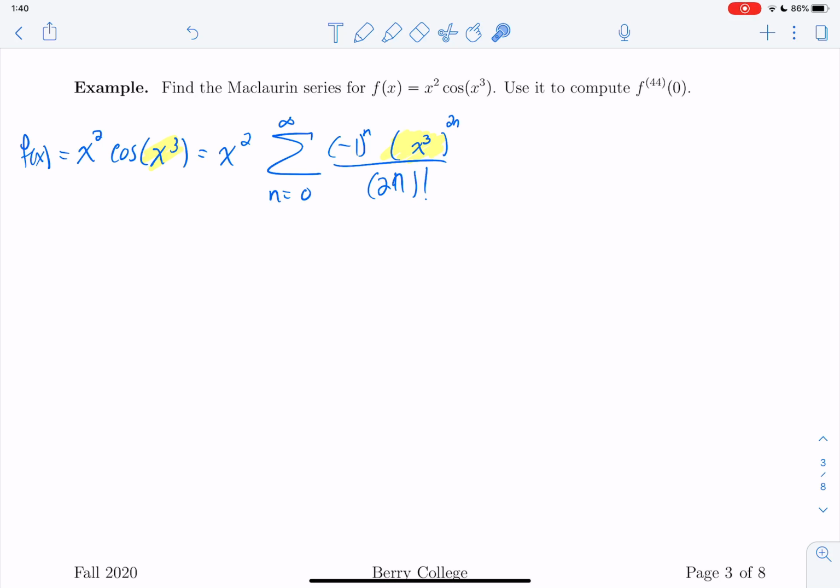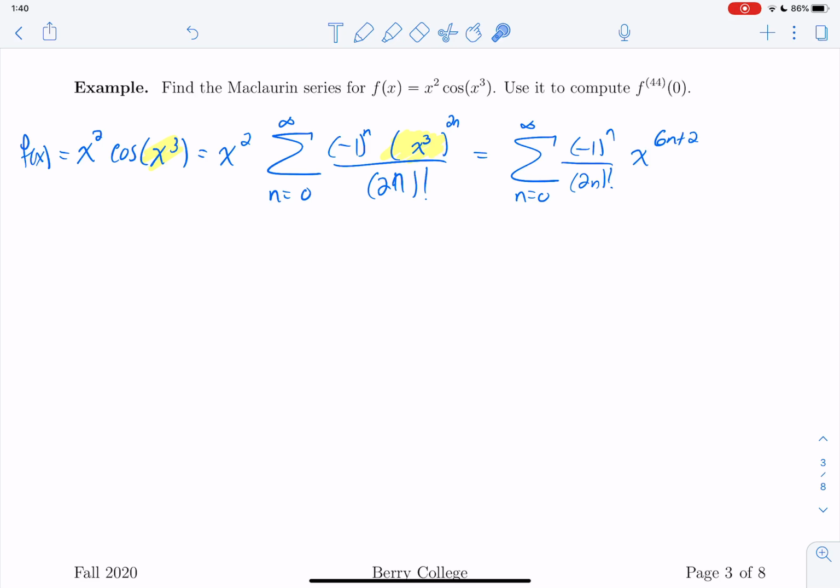And the key thing is that this becomes a 6n, and then when we multiply the x squared in, it'll become a 6n plus 2. So this becomes the single Maclaurin series, negative 1 to the n over 2n factorial times x to the 6n plus 2.